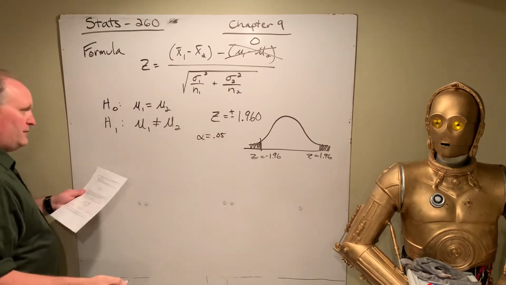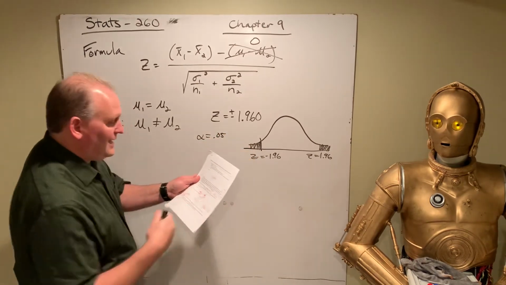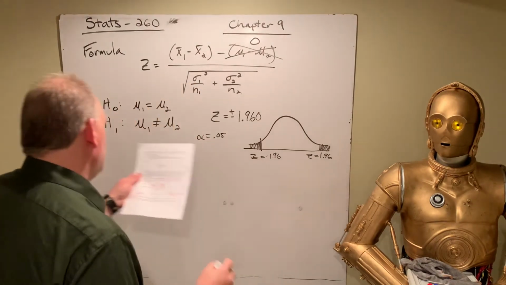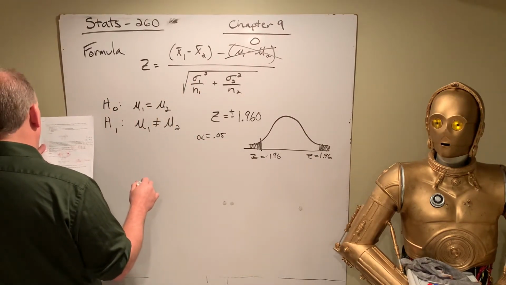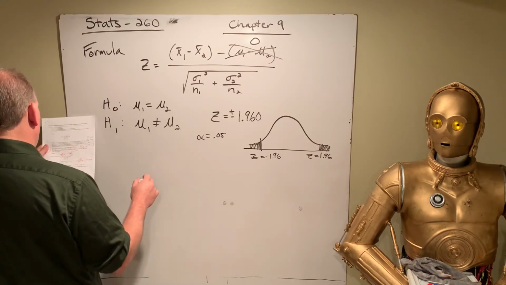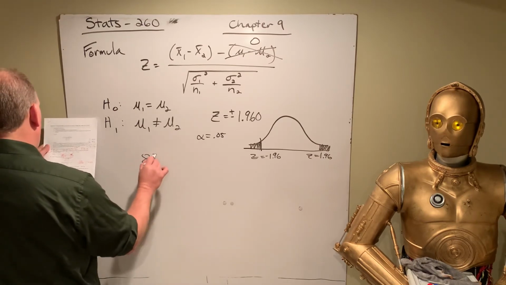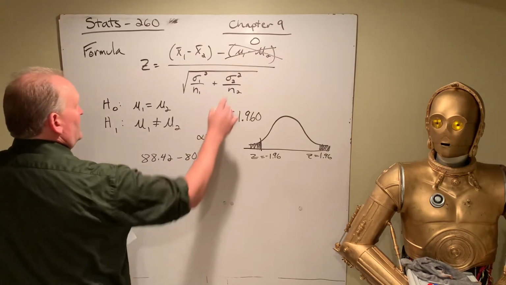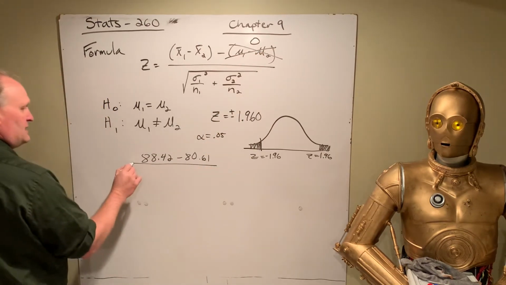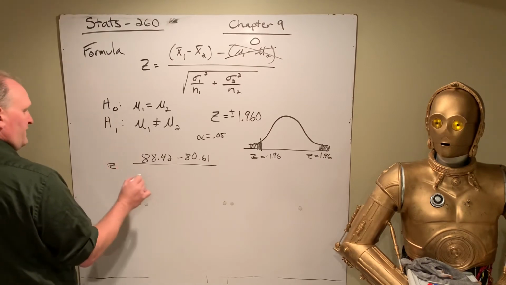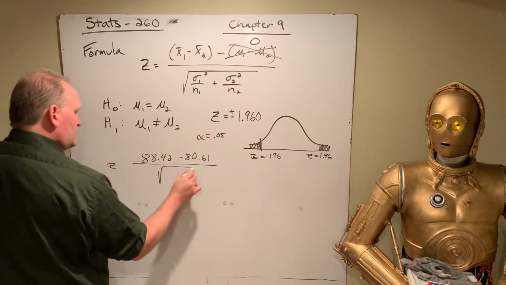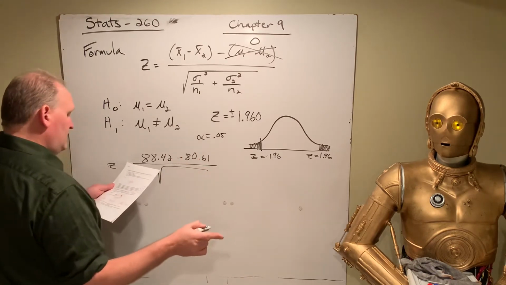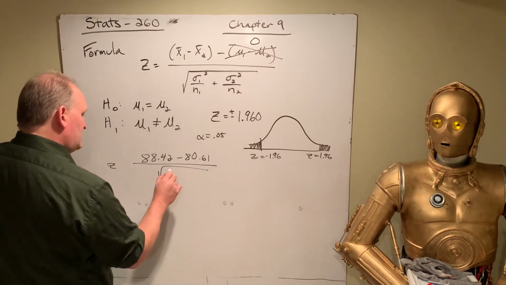So now we have our pretty picture. They kind of did the work for us. So they put in the 88 point here. Let's do the rest of it though. Here, I'll just rewrite it. 88.42 minus 80.61, and then that's minus 0, so you really don't need anything else on the top. So we're finding our z-score, and then it's the square root of the variance, really, of the first. So they gave us standard deviation is 5.62.